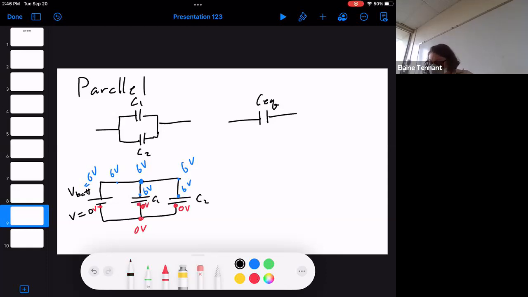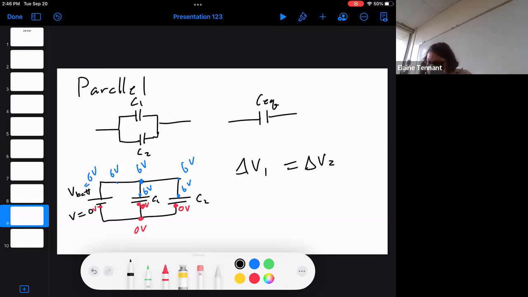Believable? So what can you guys tell me about the potential difference of capacitor 1 versus the potential difference of capacitor 2? Same or different? Same. I like that. Okay, the same.